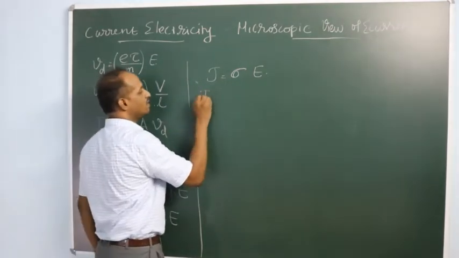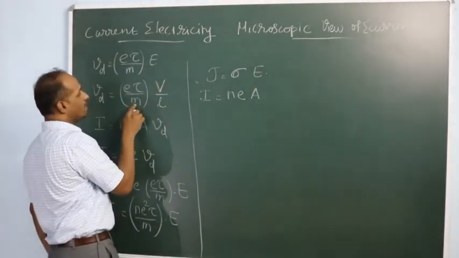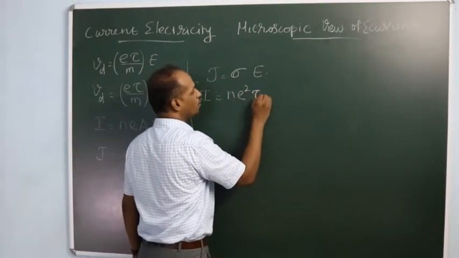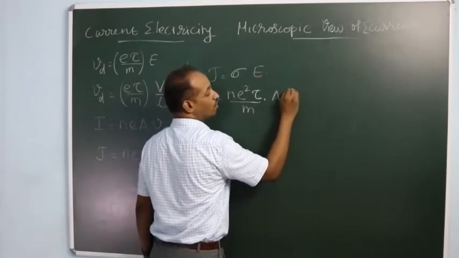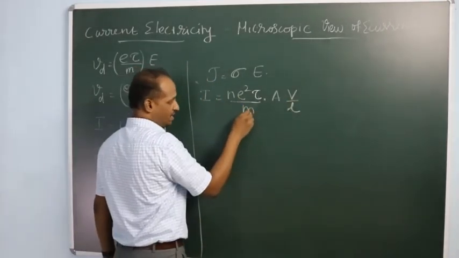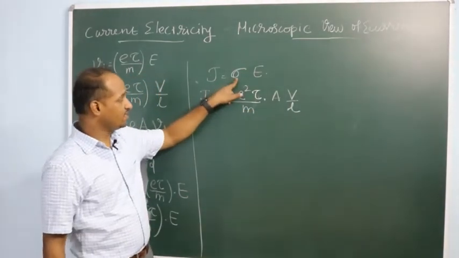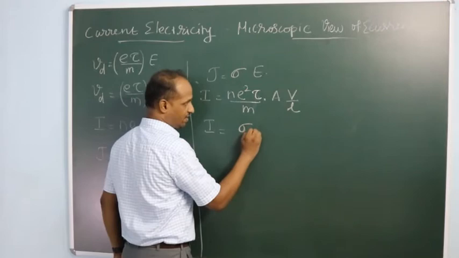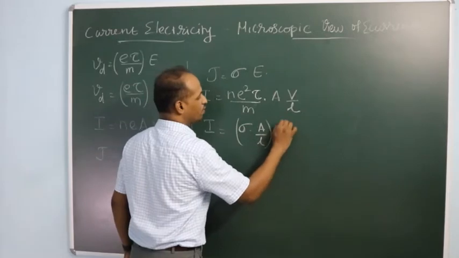So the current is N e A v_d, and v_d is eτ/m into E. This E can be written as V by L. So N e² τ/m, which we have already written as sigma, gives I is equal to sigma, the conductivity, into A by L into V.